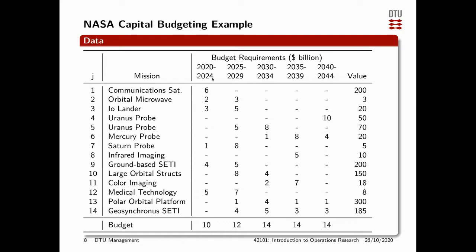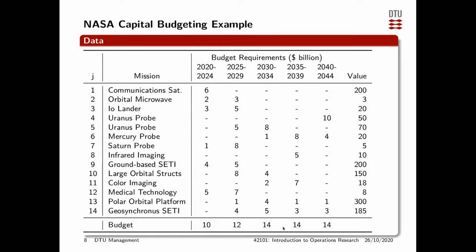For each of these intervals, there is an associated budget available. In the first budget interval, I have $10 billion available. Each of the missions consumes some of the available budget in a subset of these intervals. So if we select mission 1, it will consume 6 of the $10 billion available in the first budget interval.